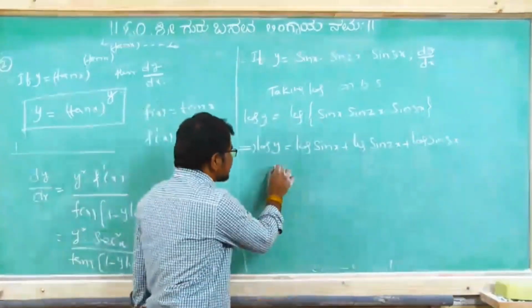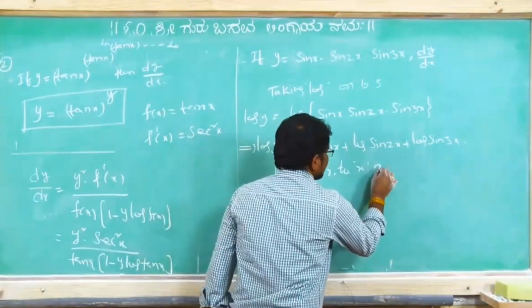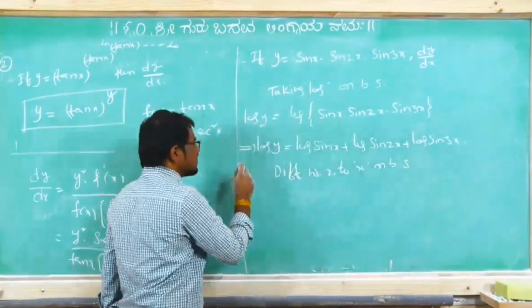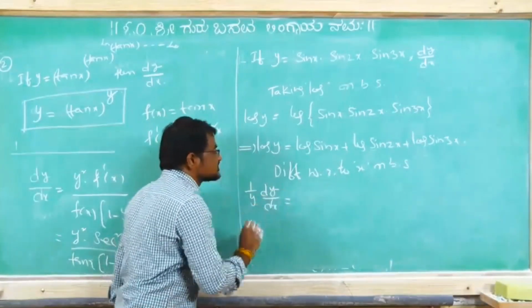Now differentiating with respect to x on both the sides. Differentiation of log y is 1 by y dy by dx.